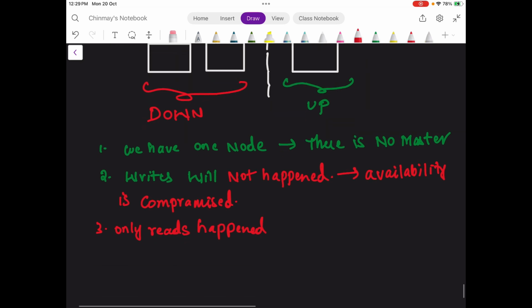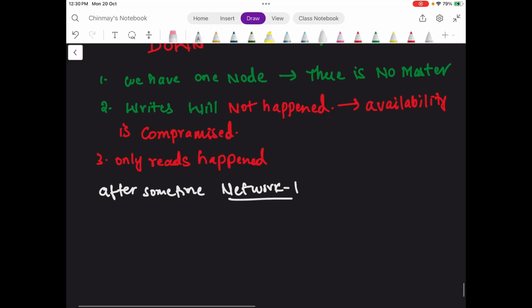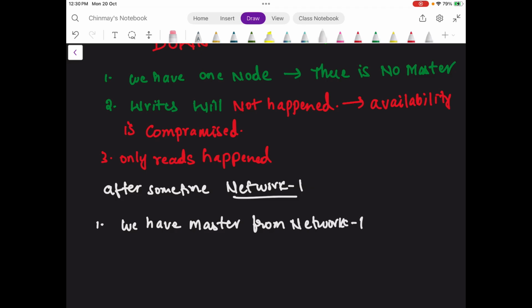Availability. After some time, what happened? After some time, network 1 is up. We have a master from network 1 because the quorum level is satisfied.